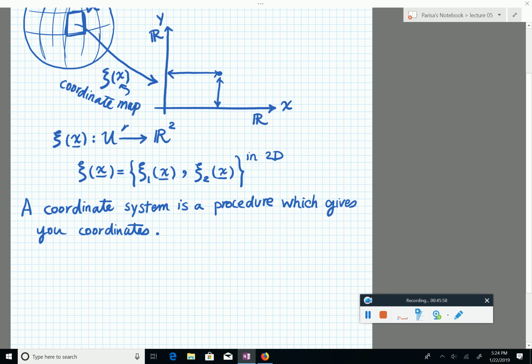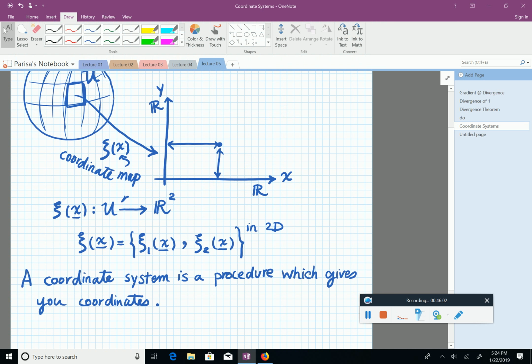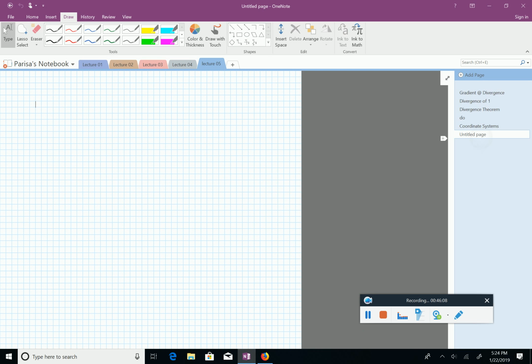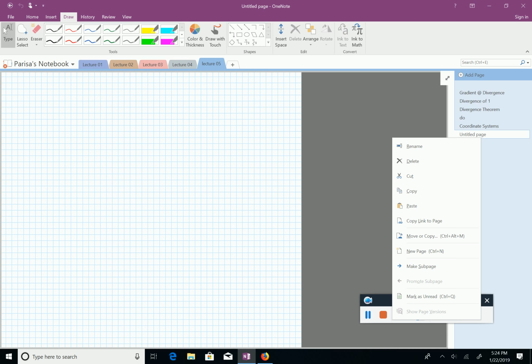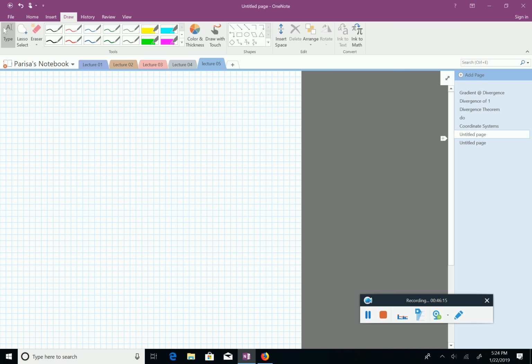Our example will be the Cartesian coordinate system. So I changed the page. I lost one page, remember? So I need to copy one more.